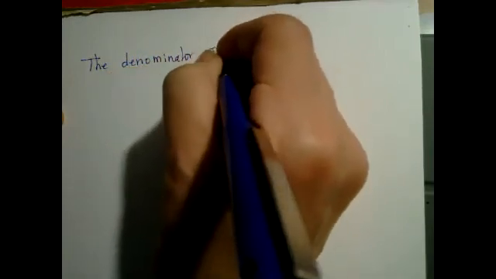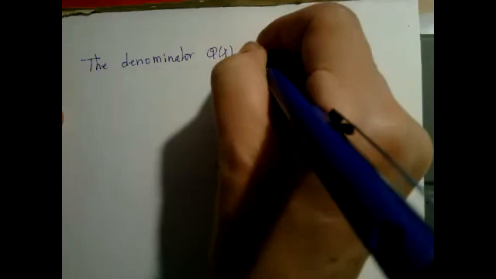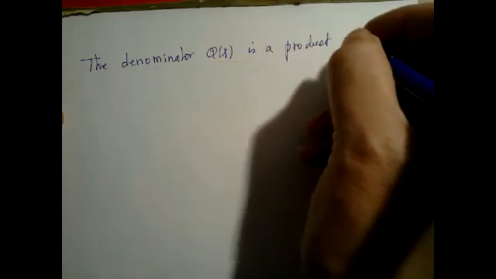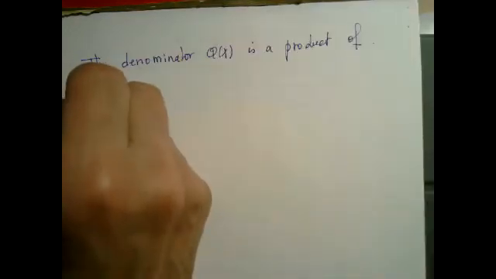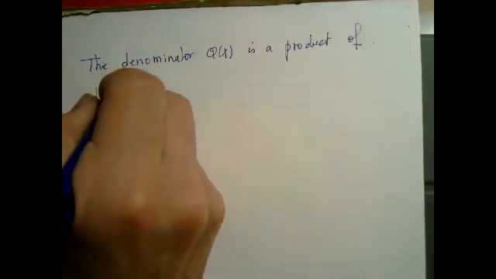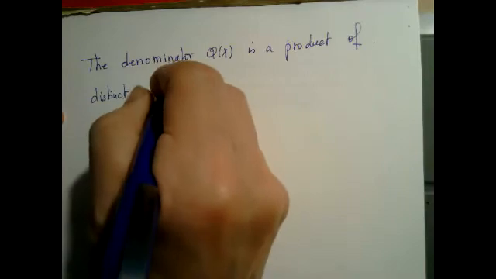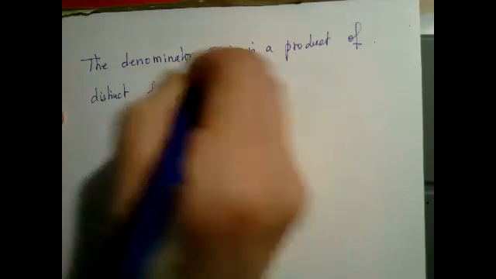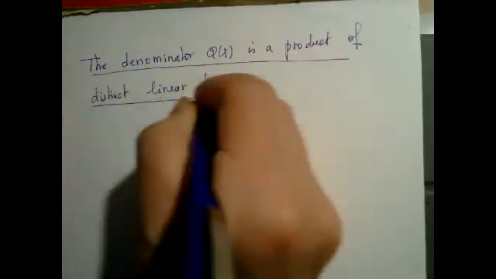So case one, or subcase one: the denominator, let me call it Q of x, is a product of distinct, meaning different, linear factors. Of course, I have to explain every word.